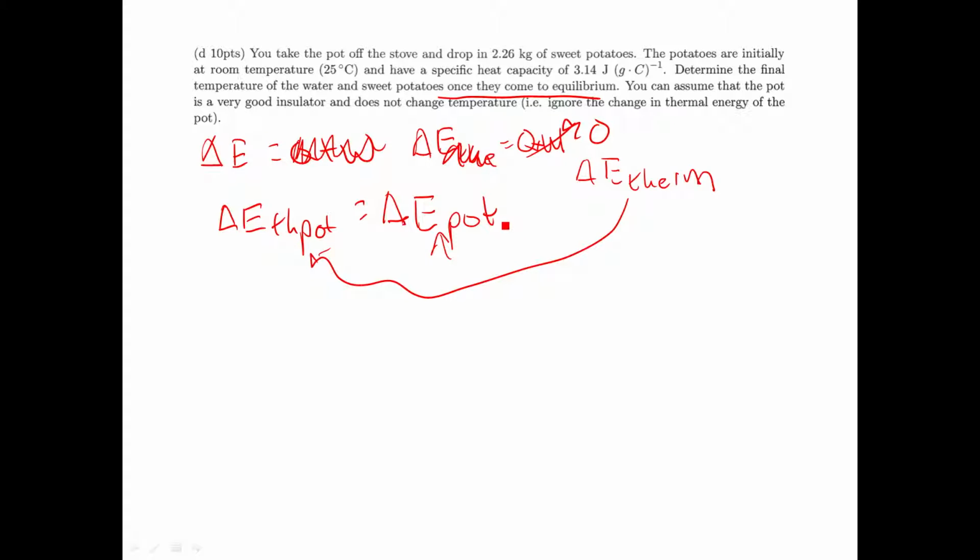You break the delta E therm into its 2 components, and you know the right hand side is equal to 0, so you move it over to the other side. We know delta E therm of each to be MC delta T for both sides. So MC delta T is equal to MC delta T of the other object. And from here, it's just plug and chug.